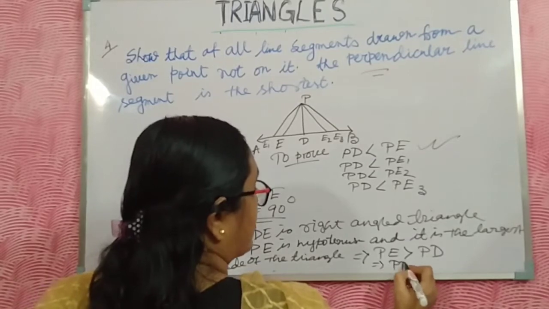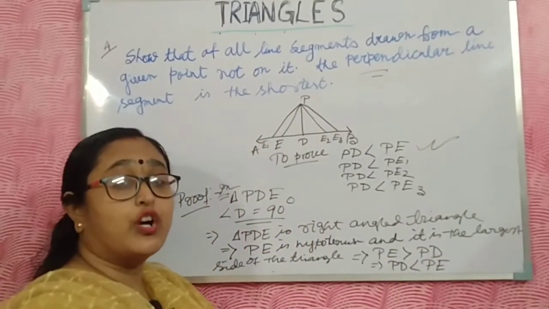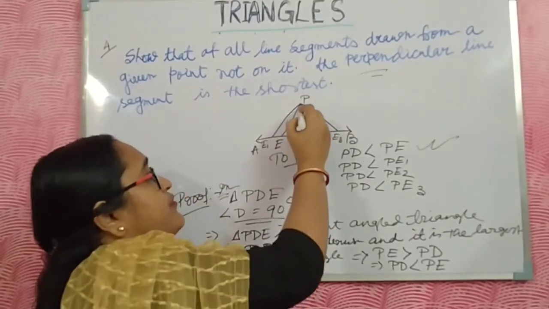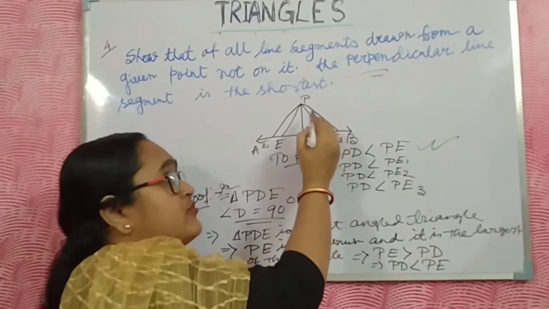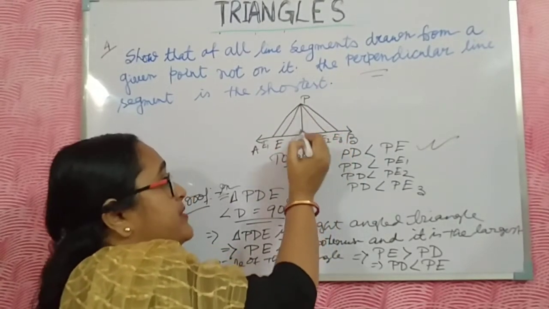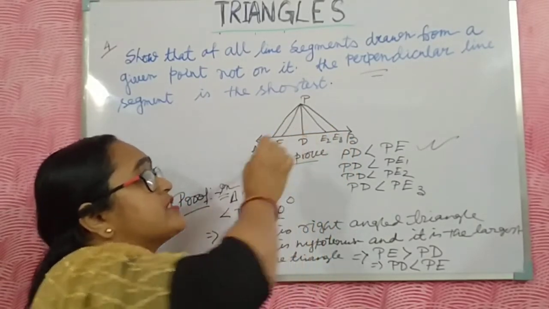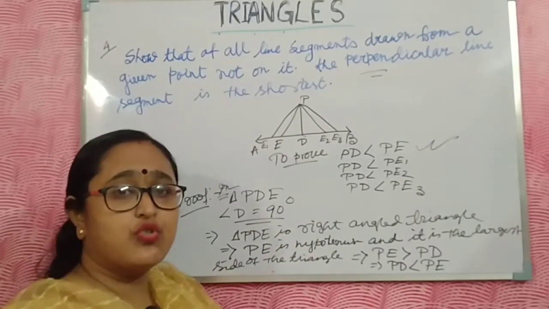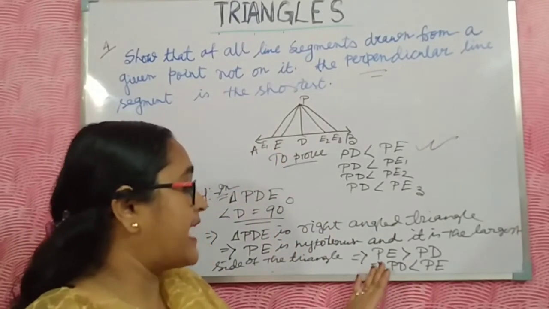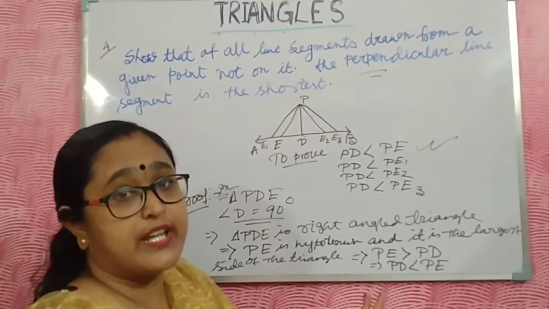Then PD is the shortest, shorter than PE. Just like this, if you take the other triangles, you can also say PE1, PE2 are greater than PD, PE3 is greater than PD, PE1 is also greater than PD. Go through this process. You can write PD, that means the perpendicular distance is the shortest distance.